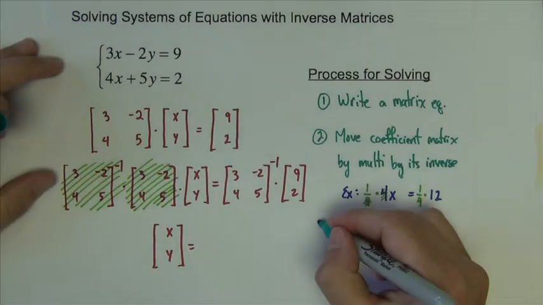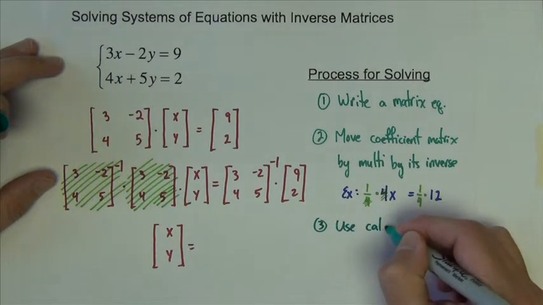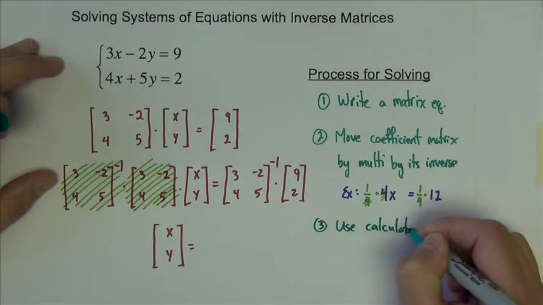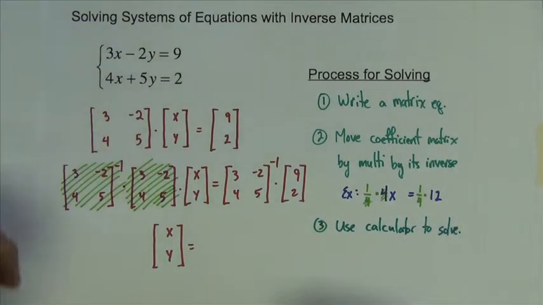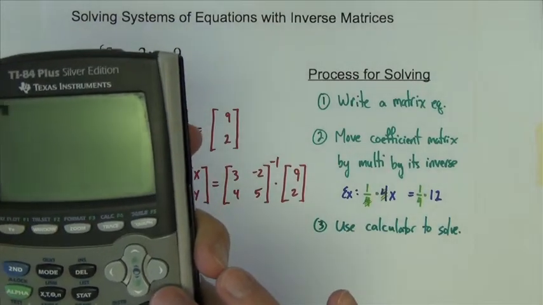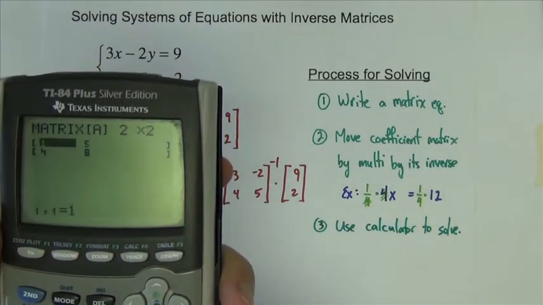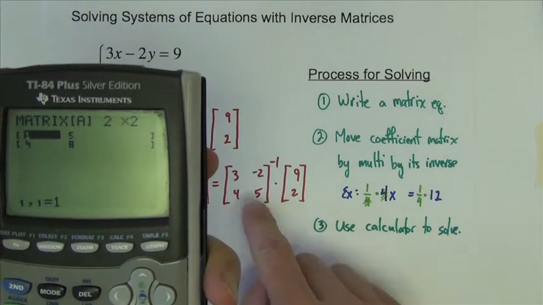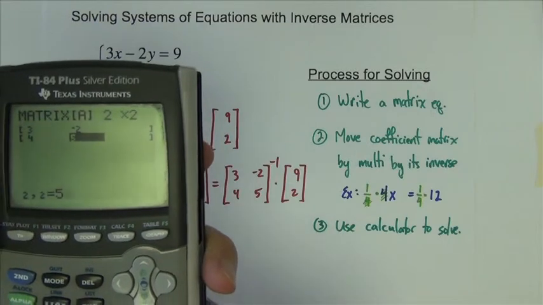Last step, I'll write it up like this. We're not going to do this with pencil and paper by hand. I'm going to say use calculator to solve. So how do I use the calculator to solve? Well, I need to type in these two matrices into the calculator. So I'm going to edit. This needs to be a 2 by 2 for this one: 3, negative 2, 4, 5.